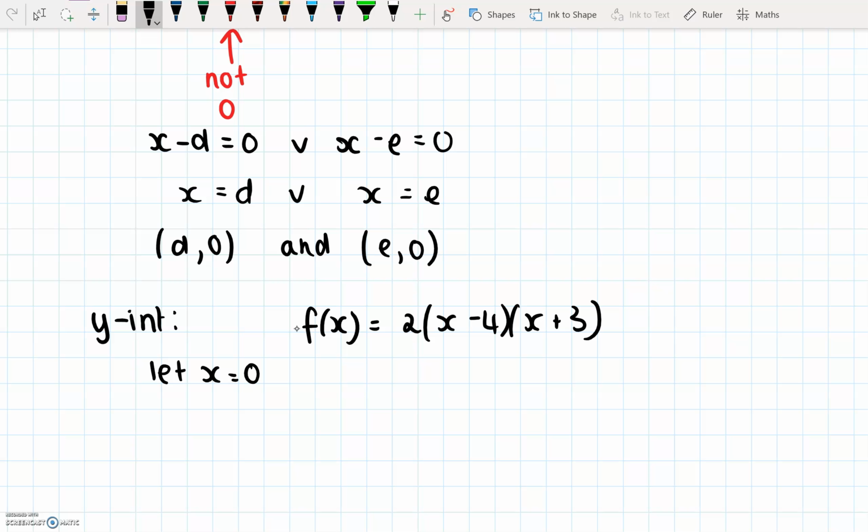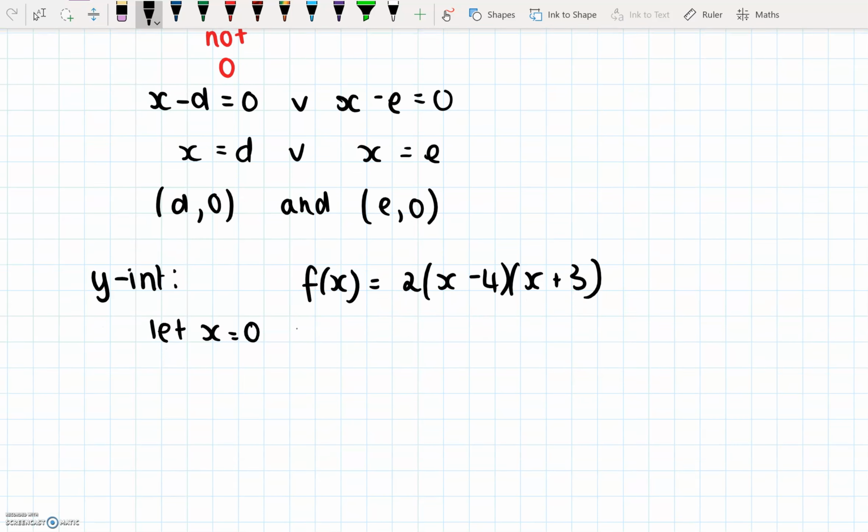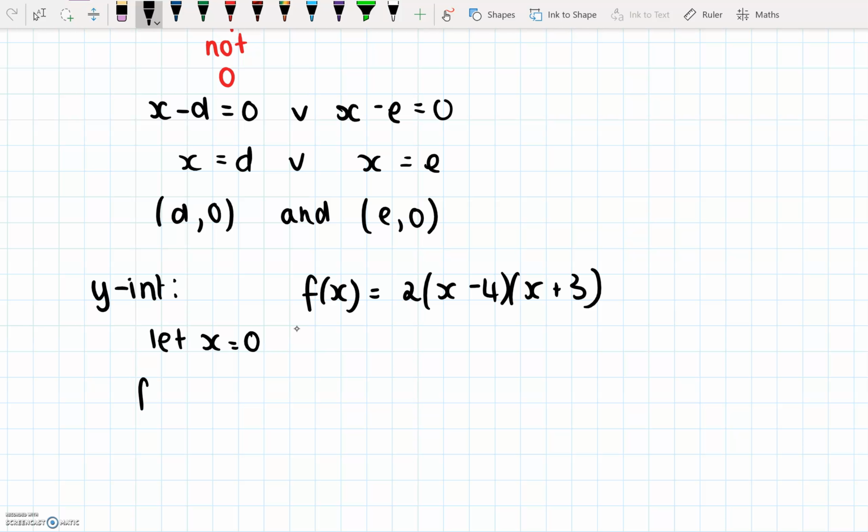If we want to find the y-intercept, some people would be tempted to expand the brackets and find out what that number on the end is. But you're making it more difficult for yourself than you need to. So we can just have f(0) = 2(0 − 4)(0 + 3).